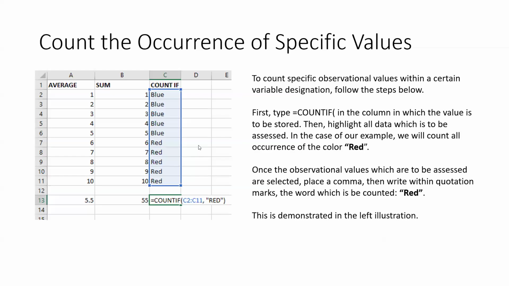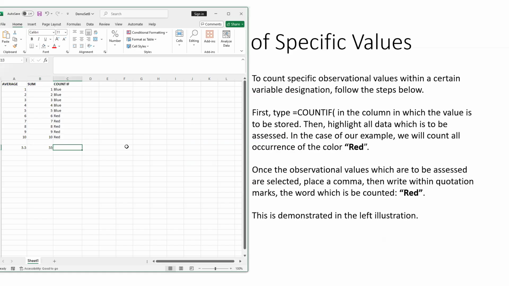We're going to use COUNTIF for that. So let's say we want to count the values in column C, and we want to count only values that are equal to red. We're not interested in blue or green or any other color which is available. We're only interested in red. Well, the Excel function for that is equals COUNTIF, open parenthesis, highlight the values, and then we have to state what we're interested in.